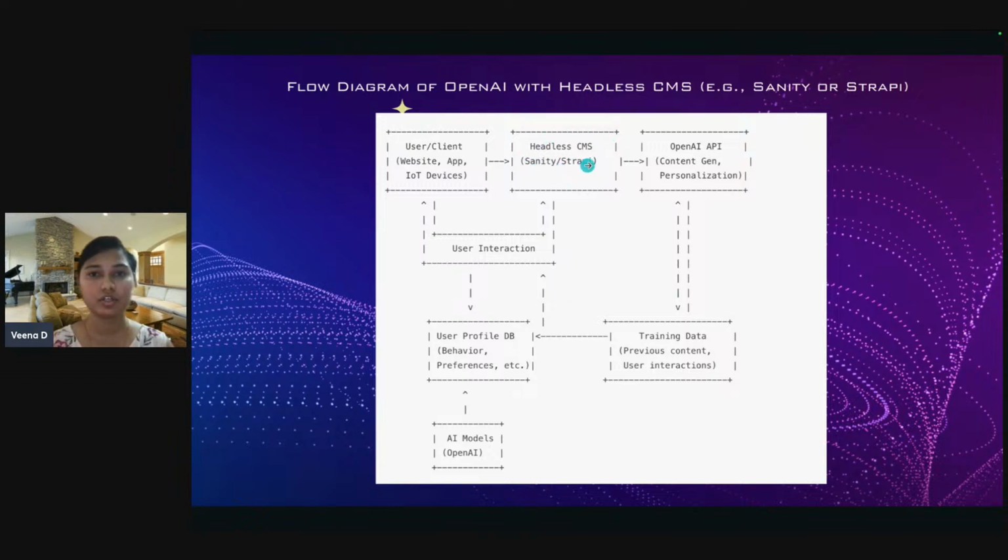Here I'm taking the example of Strapi or Sanity. These two are wonderful headless CMS that we have. Apart from this, we have Ghost CMS, and you will know much more. I know you have worked with them, so just put it in the comments if you have worked with any other headless CMS than these.